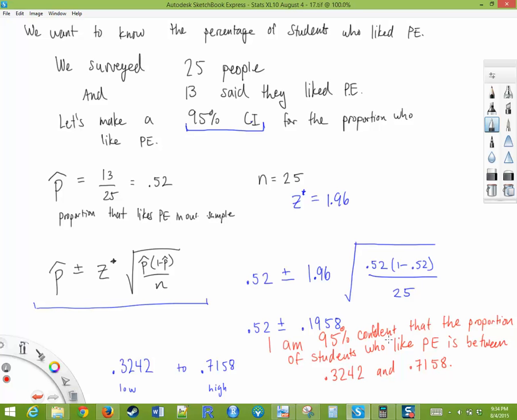That's a pretty wide range, right? It's like, what percentage of people are going to vote for the Republican candidate? Between 32% and 72%. That's like, oh, that's really helpful. But that's because we surveyed 25 people, right? We've surveyed 25 people. You're not going to have a whole lot of information about the population.